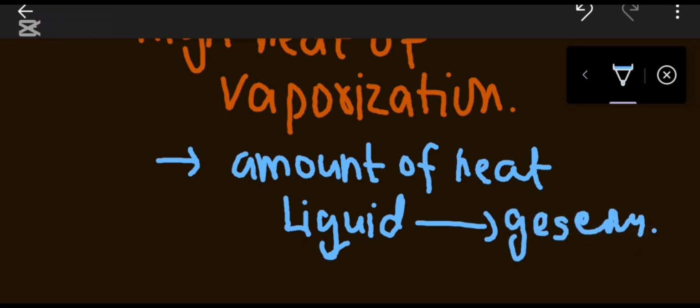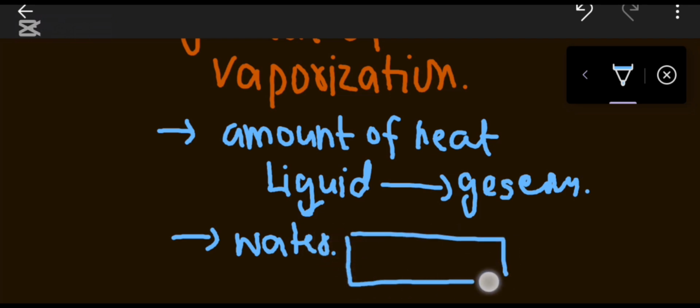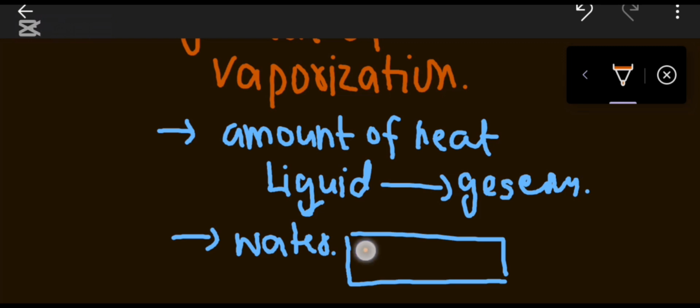Okay, now we can look into what the high heat of vaporization of water is. How much is the high heat of vaporization? The question is being asked, so I am writing it with a red marker: 574 calorie per gram.